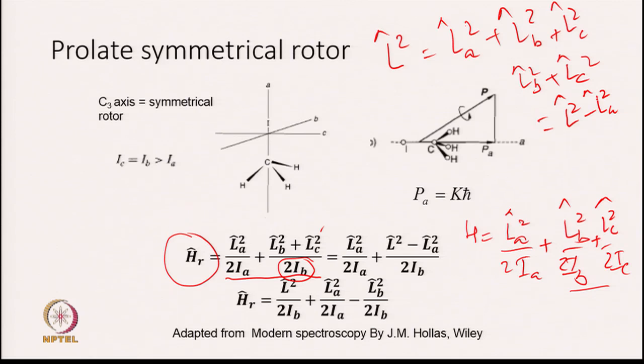So, in place of the LB square plus LC square operators, we can put the L square operator minus the LA square operator.